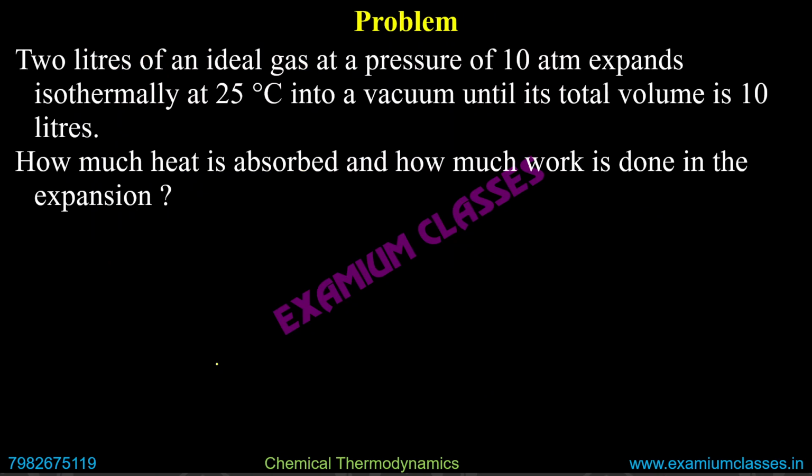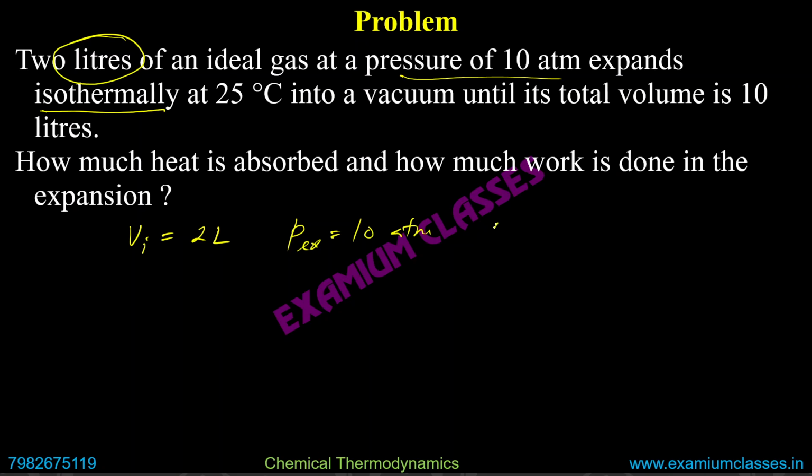The question: 2 liters of an ideal gas, initial volume 2 liters, at pressure of 10 atm, so pressure is 10 atm, expands isothermally. If it is isothermal process, delta U is 0.